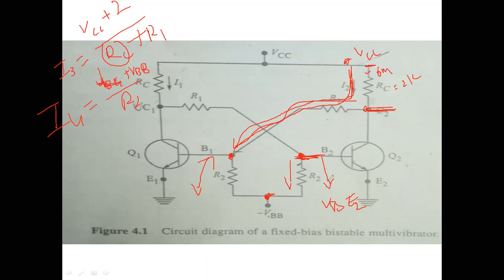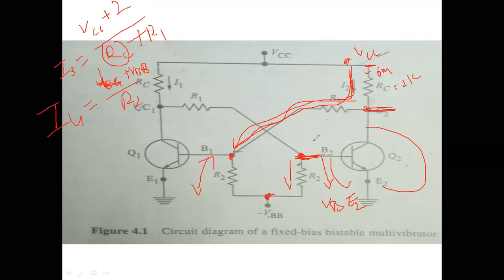For an on transistor, the saturation voltages we have taken as 0. Therefore, VBE voltage will be 0, and VBB they have given as 12 volts. And here also you may get an expression in terms of R2: VBB equal to 12 volts, so 12 by R2.